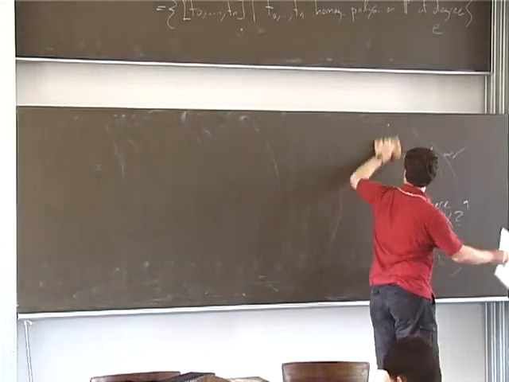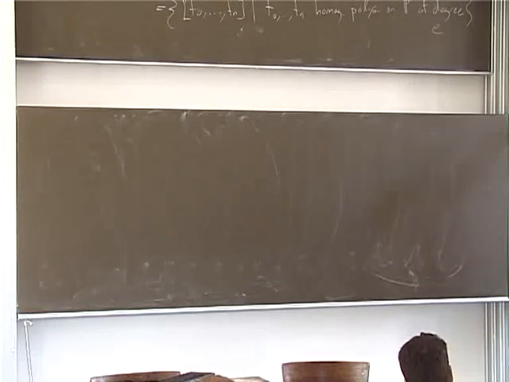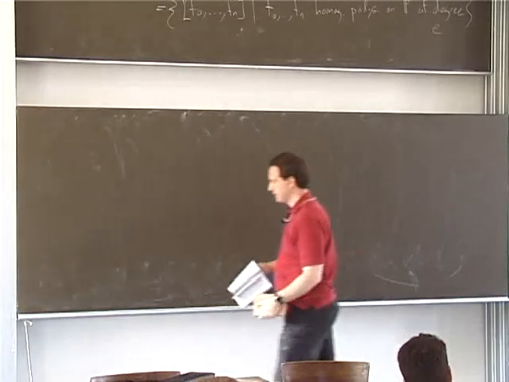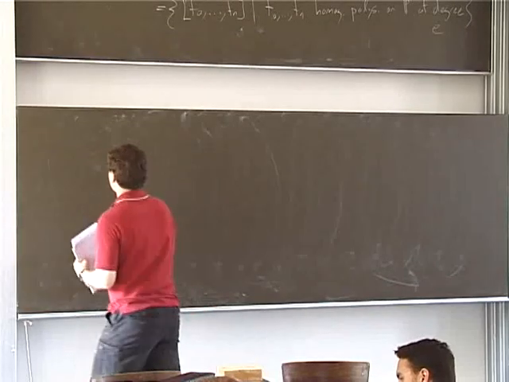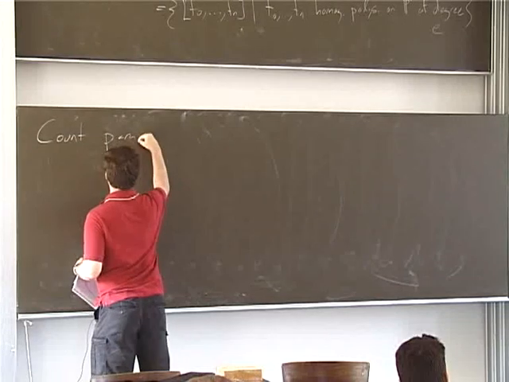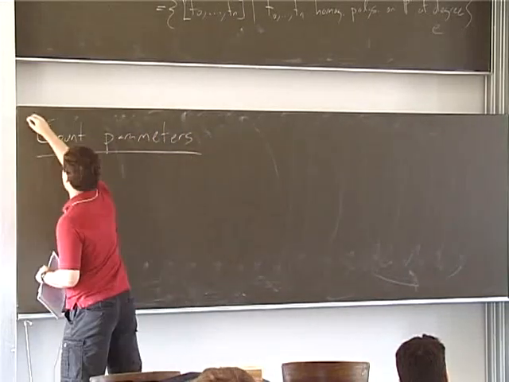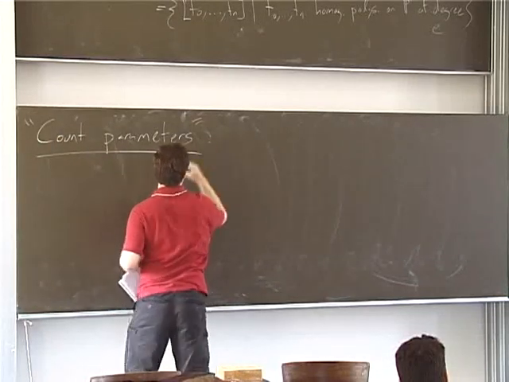And we're hoping that it's non-negative. We're hoping there is a solution. That's what Tsen's theorem tells us. So the idea now is to count solutions. Count parameters is what this is usually called in algebraic geometry. It's a parameter count, a classical parameter count argument.